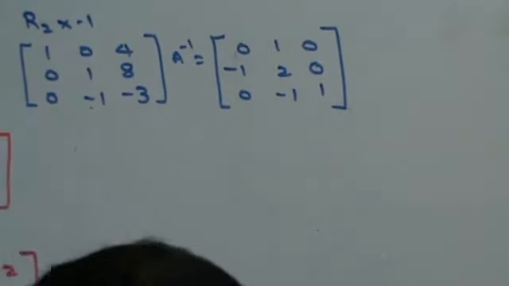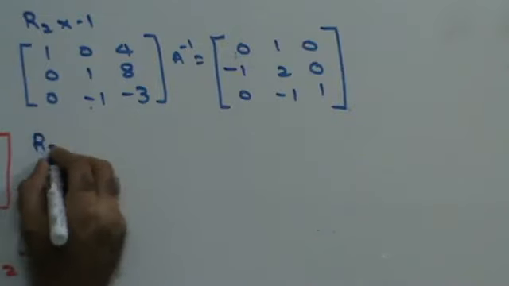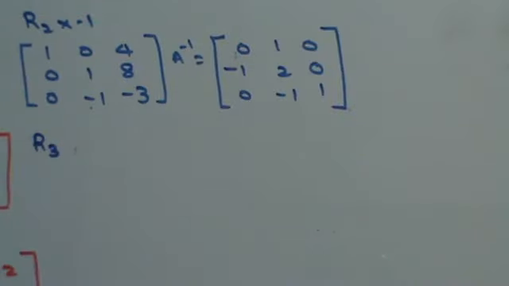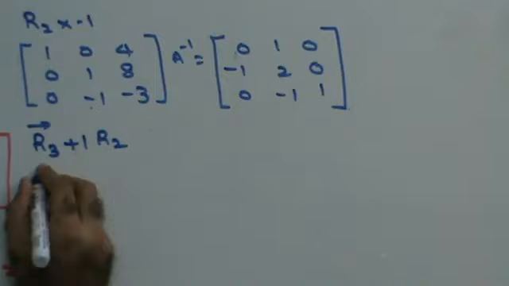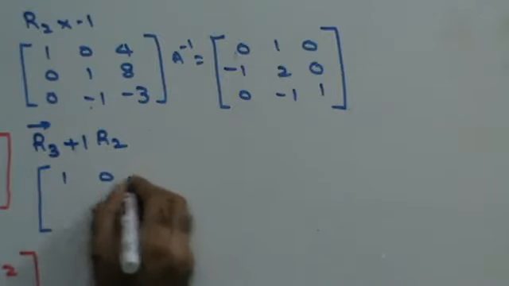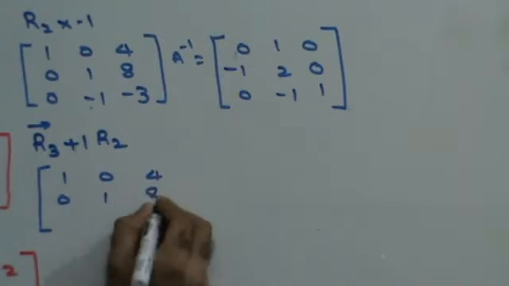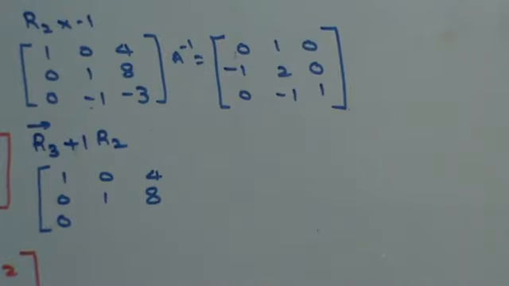Right? Where is the number in R3? What is the number? Minus 1. What is the complement of minus 1? Plus 1. R2. 104, 018, 0 minus 0, 0. Minus 1 plus 1, 0.